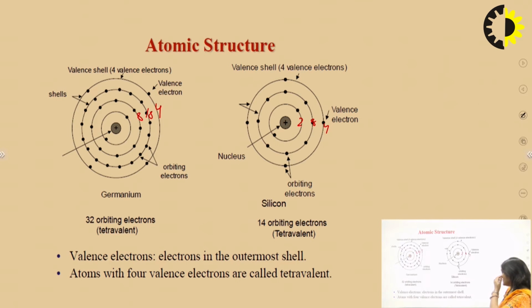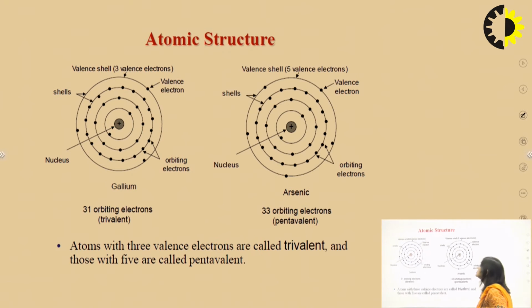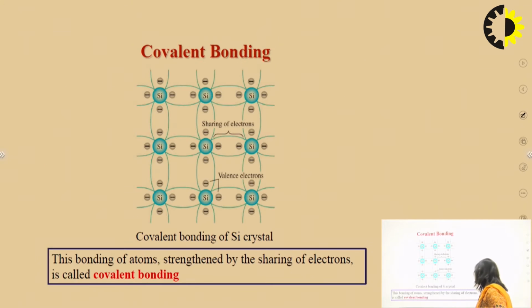So these are the electronic configurations of silicon and germanium. And this is for gallium arsenide: this is the structure for gallium, and this is the structure for arsenic. The atomic number of gallium is 31, and the atomic number of arsenic is 33.